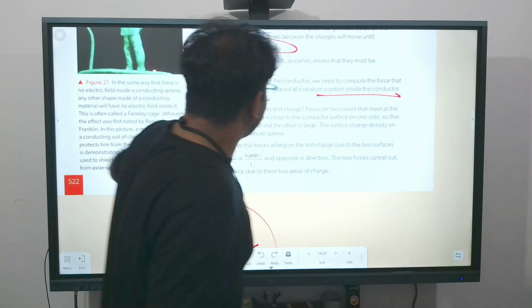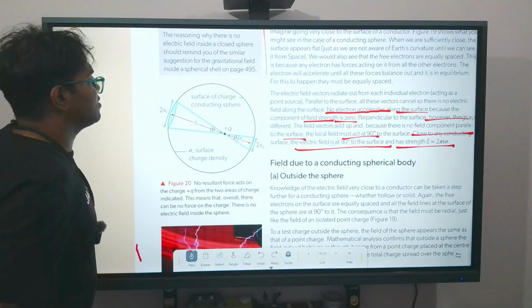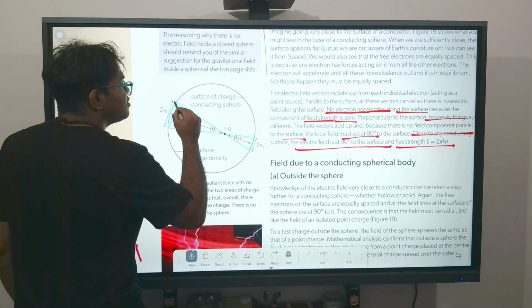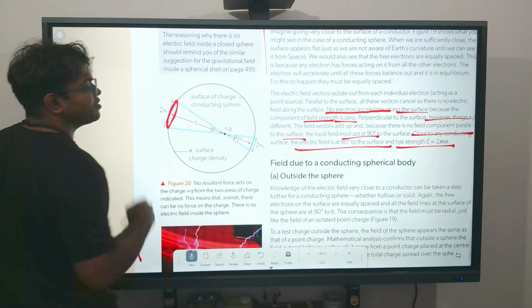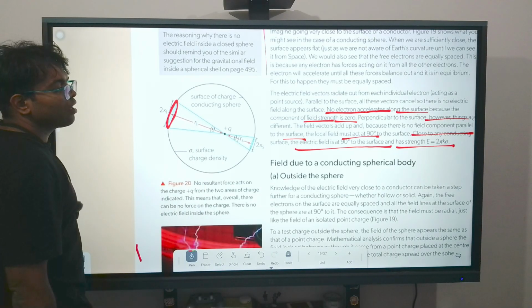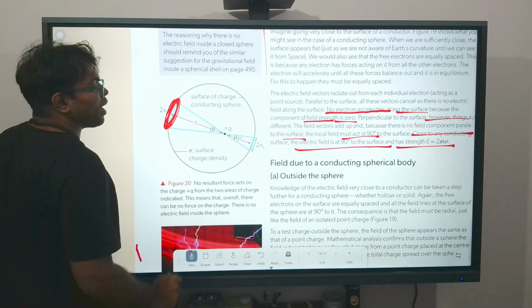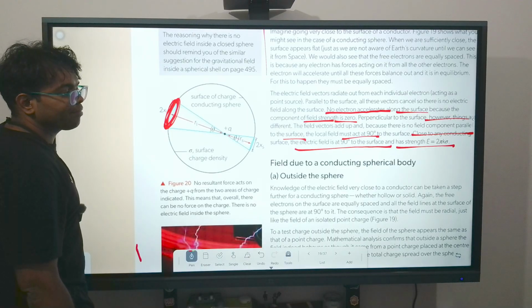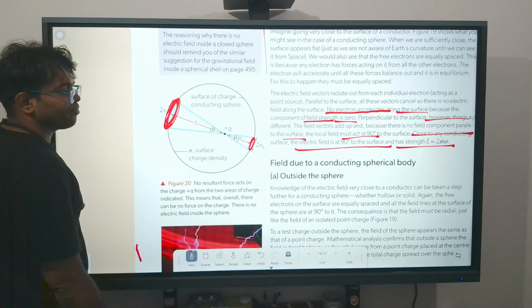Now, how do you analyze this? This part of the sphere has a larger number of charges, so it will have a larger charge magnitude. This part will have a smaller charge magnitude.